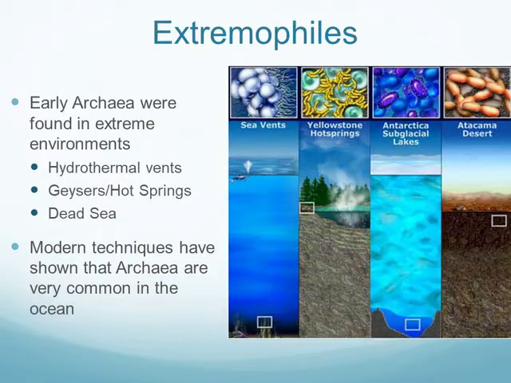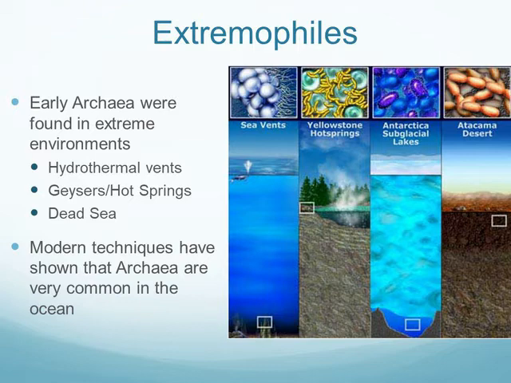So the reason why they're known as extremophiles is because all of these bacteria can be found within very extreme locations. So for instance, you'll find these types of bacteria within hydrothermal vents where it's really, really hot, but they do just fine.